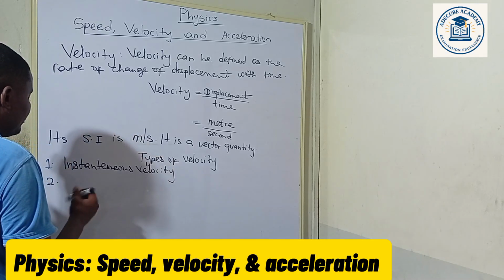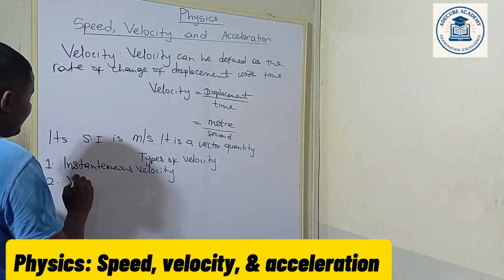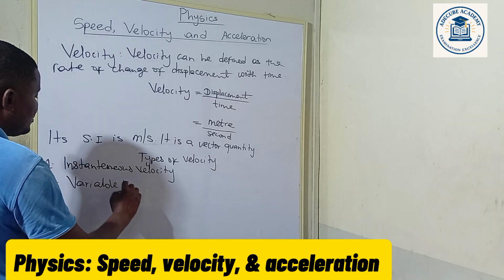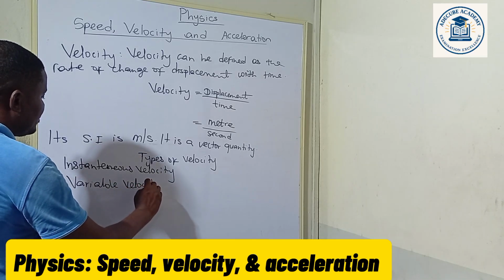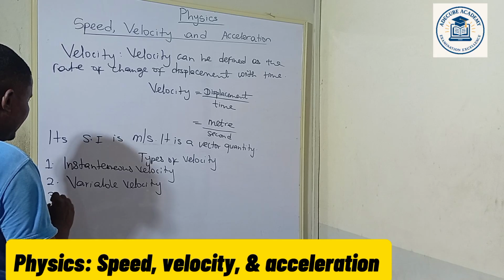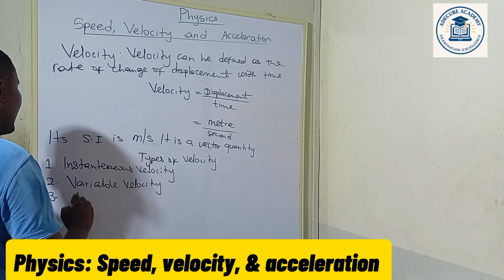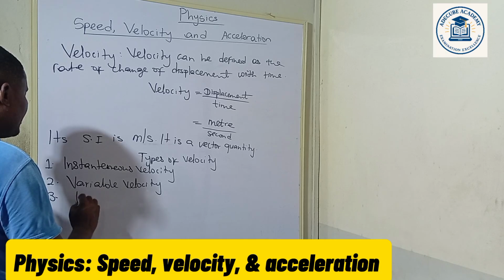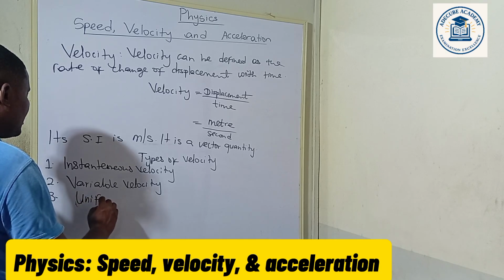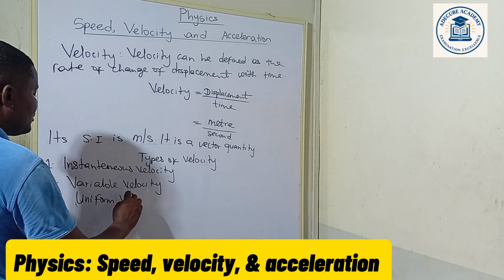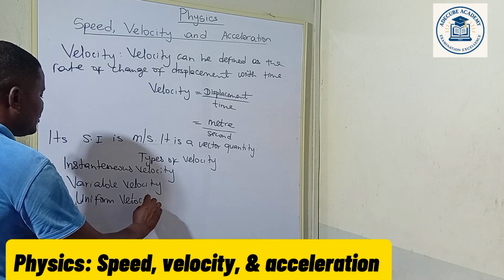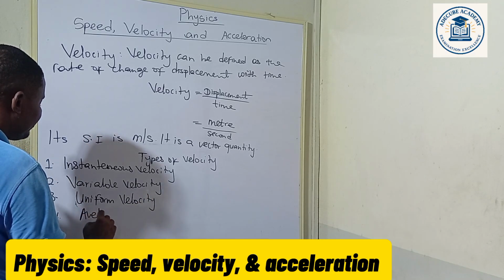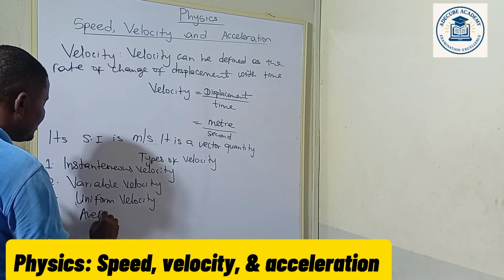Number two, variable velocity. Number three, uniform velocity. And number four, average velocity.